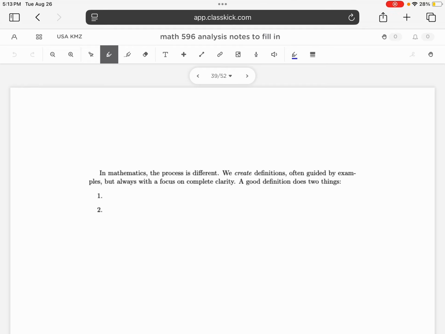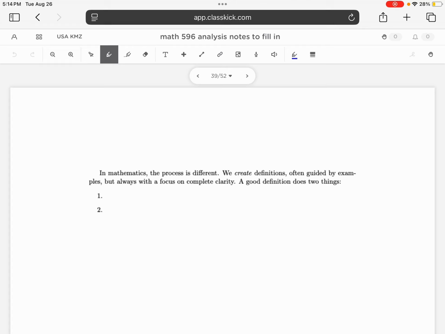But in math, the process is a little bit different, right? We create our definitions, which often are guided by examples, but they always have to come with a certain kind of clarity. So when we're coming up with a good definition for something, we need to be able to do two things.